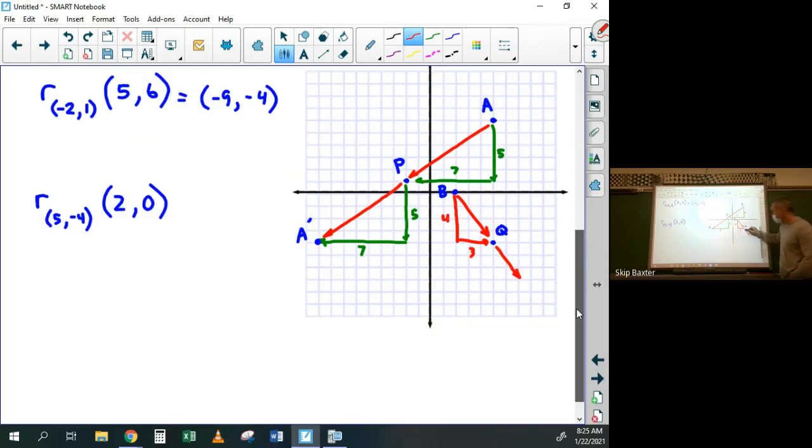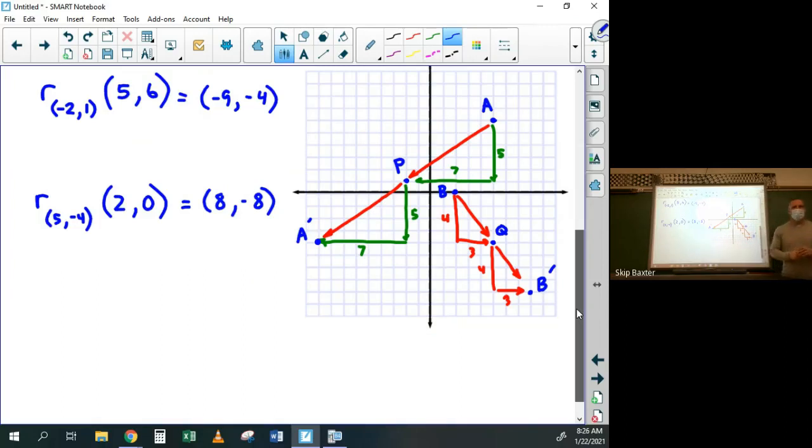So I just want to go down 4 and over 3 again. You can see the image ends up being right there. This is B prime. So the answer would be 8, -8.